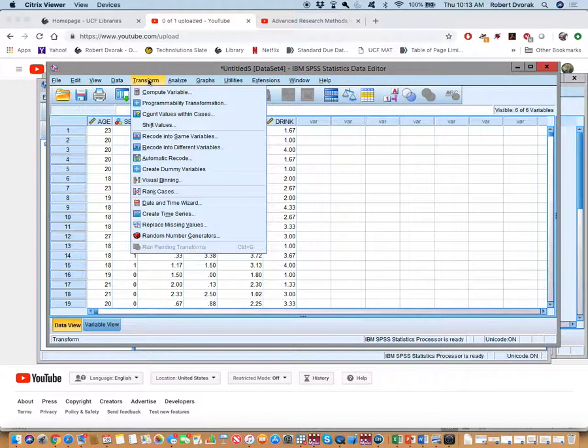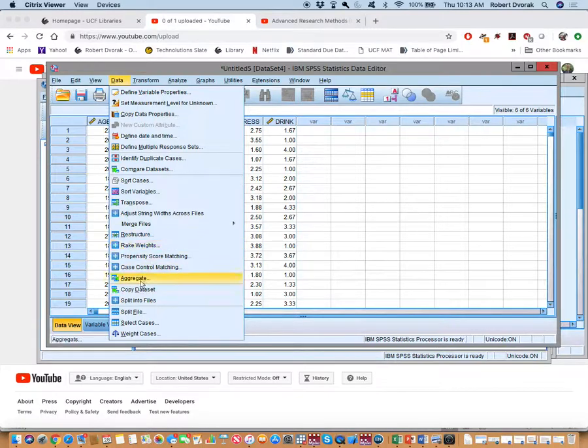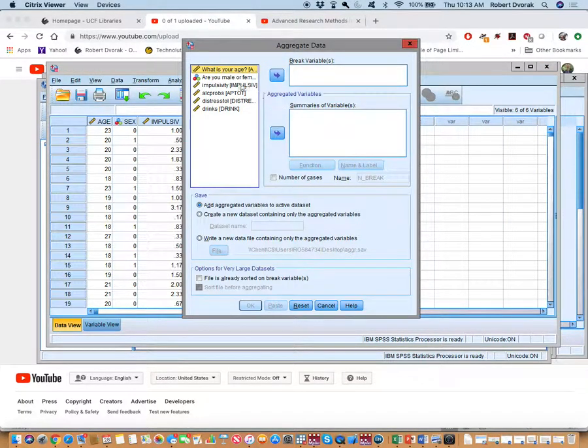Okay, so we go data, aggregate, and let's just start with impulsivity. There we go. Distress tolerance. By the way, in aggregate, you can just throw all of these in at the same time, right? Drinks, right there.